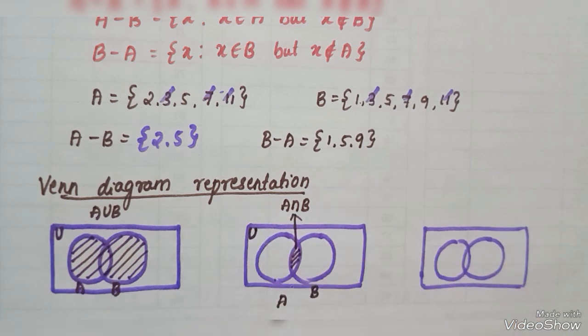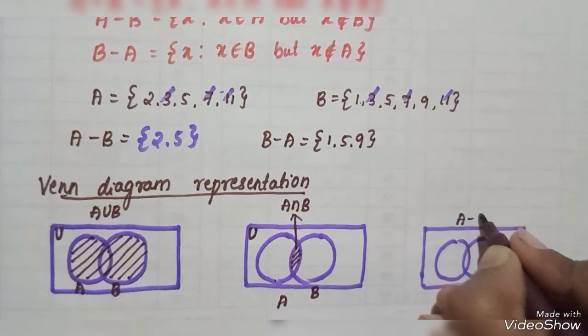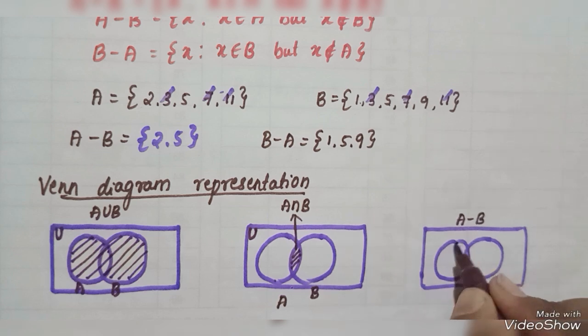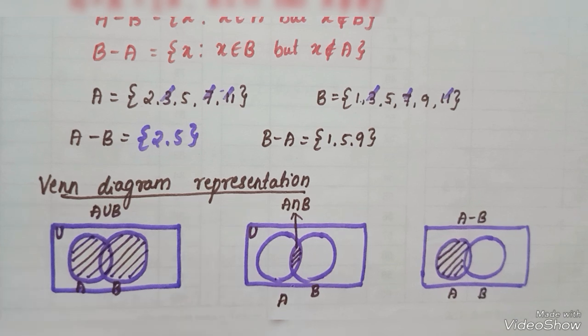This is the universal set. Here A minus B means only the A set. First we have to neglect the common elements. Therefore, the elements are only present in A but not B. This is A minus B. Then what is B minus A?